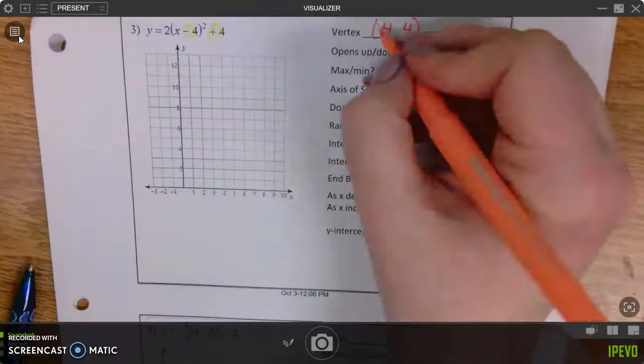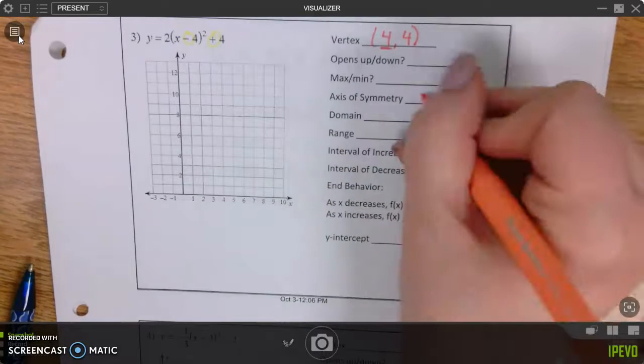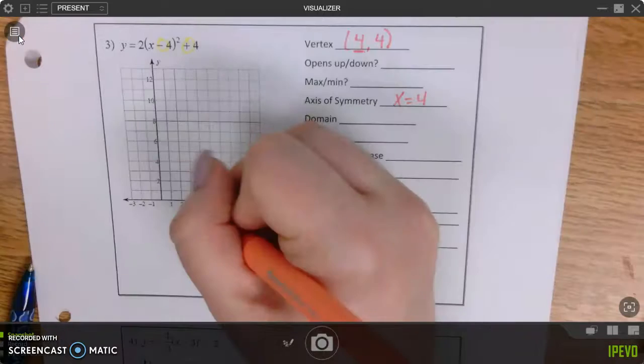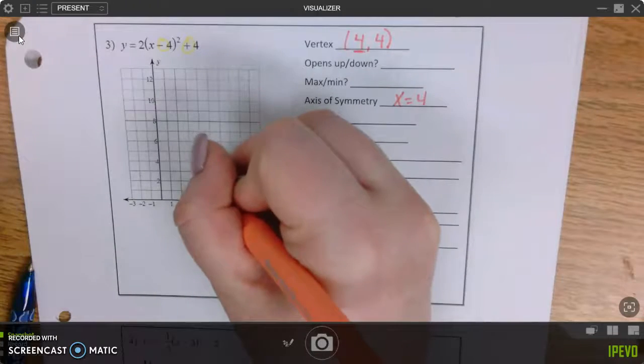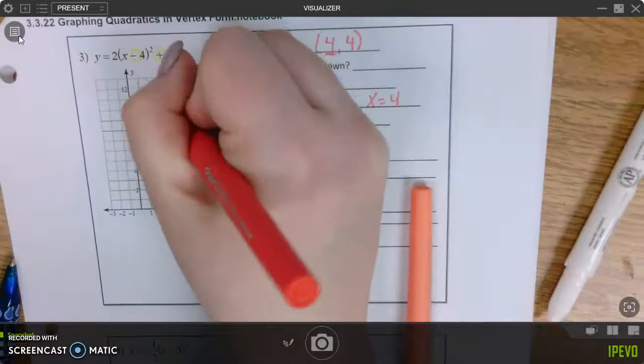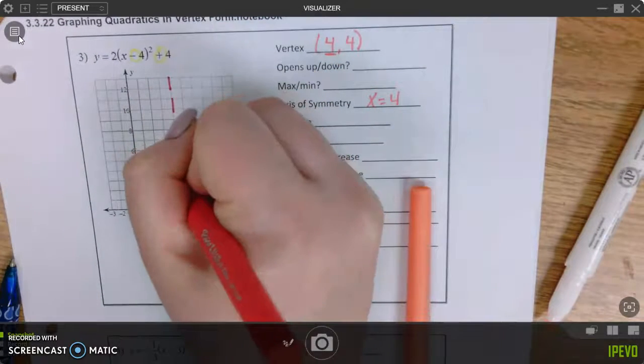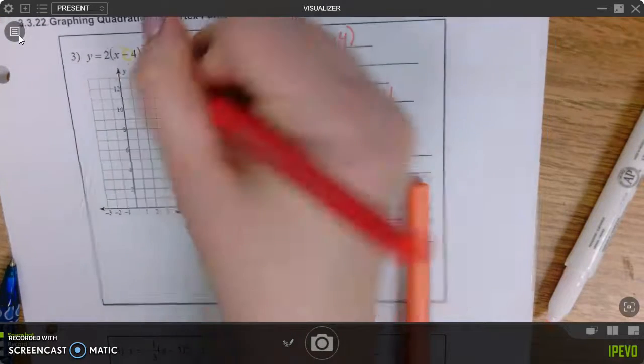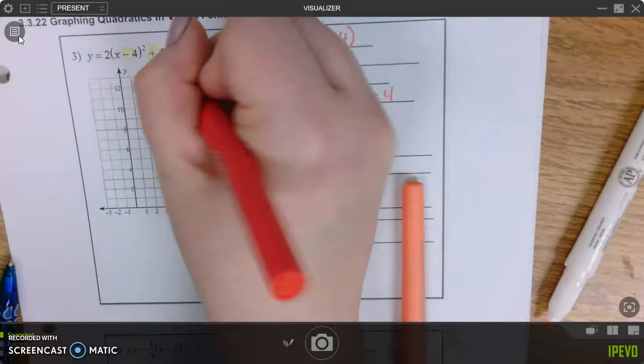That means your axis of symmetry is at x equals 4. So we have the point (4, 4), and then our axis of symmetry is right here, and that is at x equals 4.